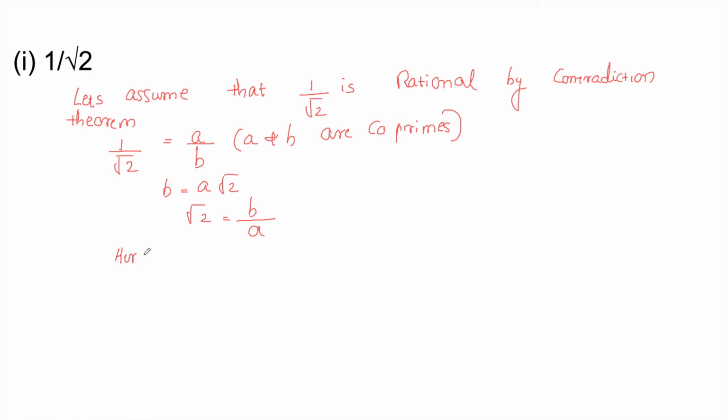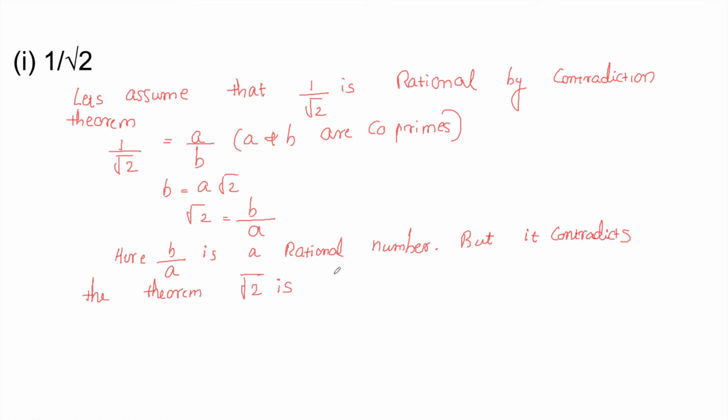Here b by a is a rational number, but it contradicts the theorem root 2 is irrational.